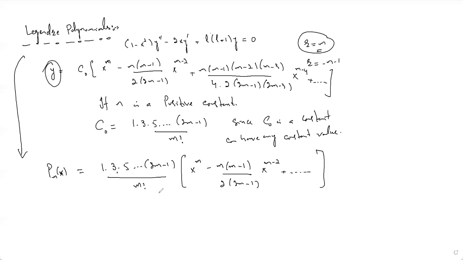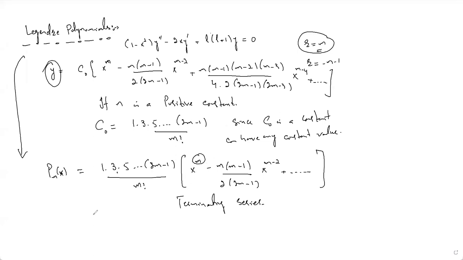Now this is a series in the powers of x, and this series is actually a terminating series. Terminating series means it will terminate for some values of m. It will depend upon whether m is odd or even.